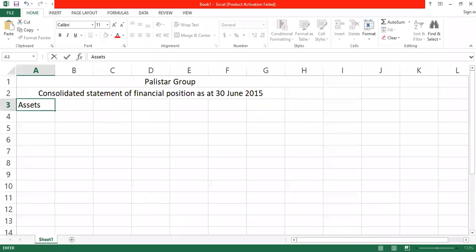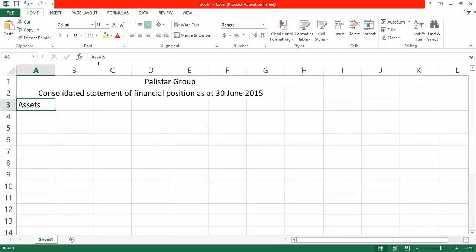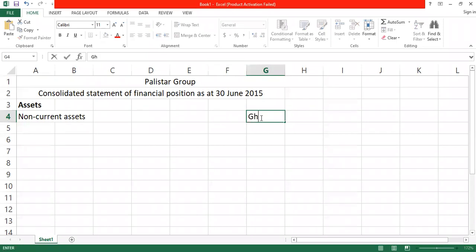So let's look at how the question grouped the assets. They do it non-current and current. So you also have to do it like that. So you have the assets. Then you have the non-current assets. And the currency sign, if you like, put it here.